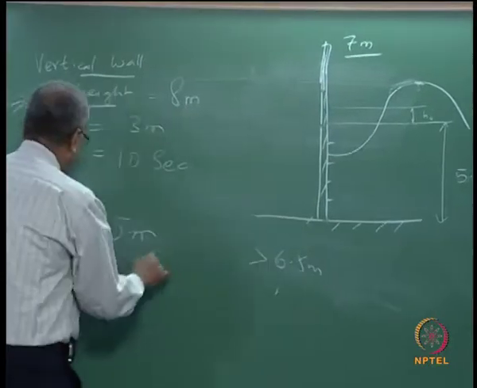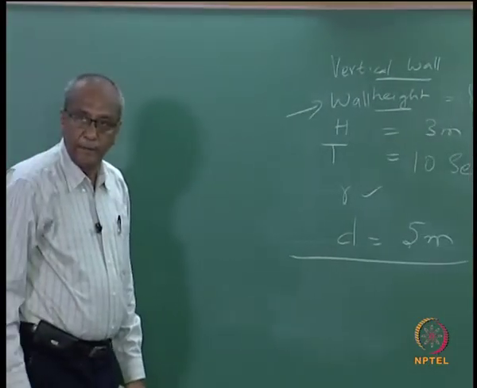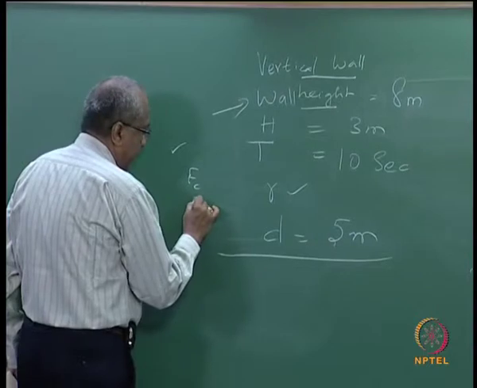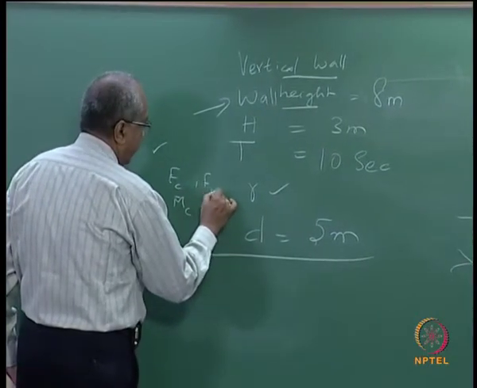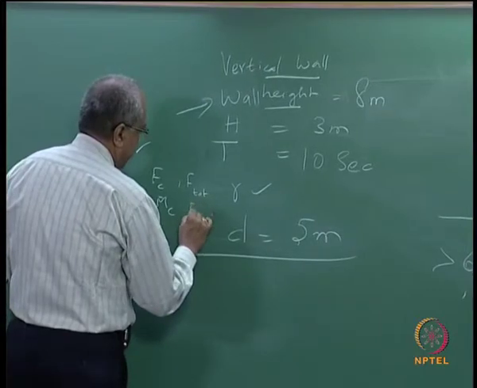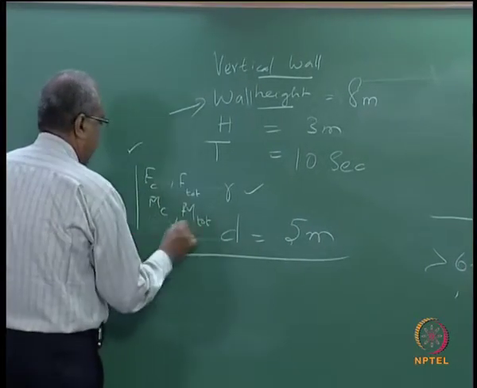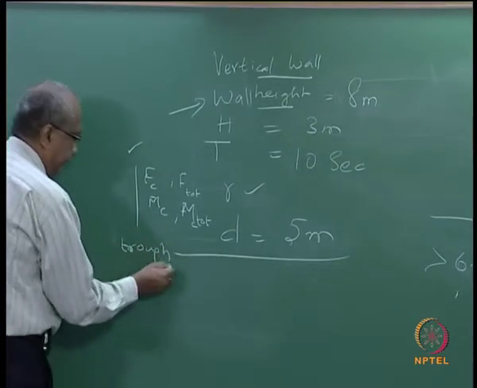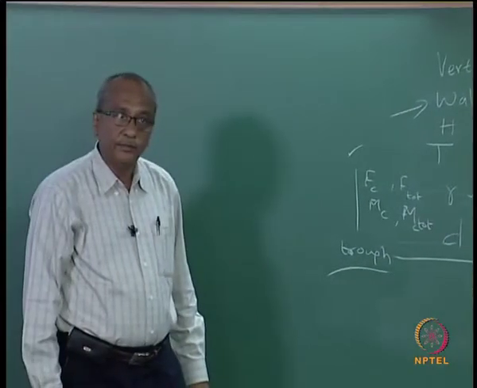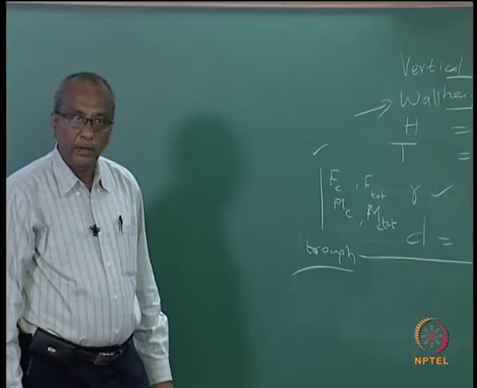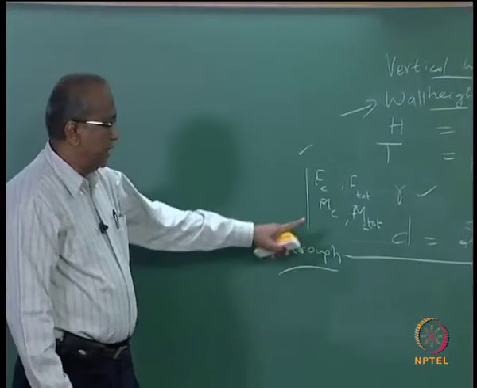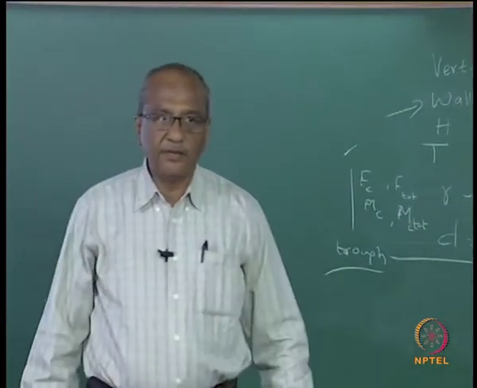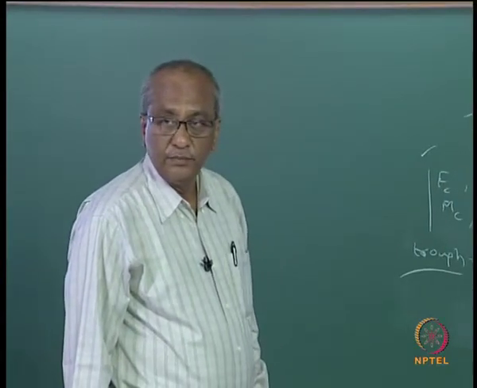Initially you have considered 5 meters, so try to get the FC, MC, F total, MC total, and similarly all these things for the trough, when the trough is there. I am not going to give the answer for this problem, but you need to do it on your own and then submit it to me later. Is that clear?